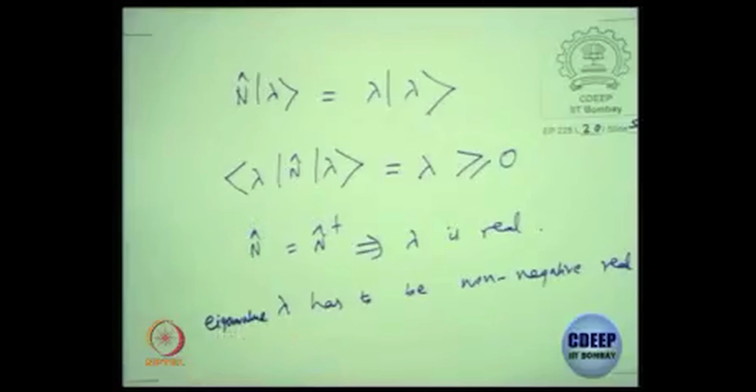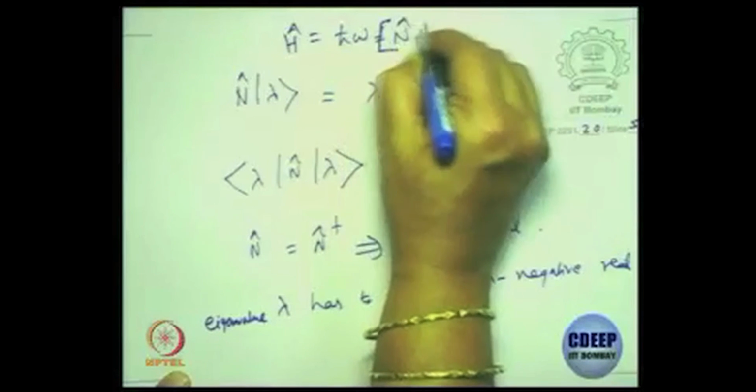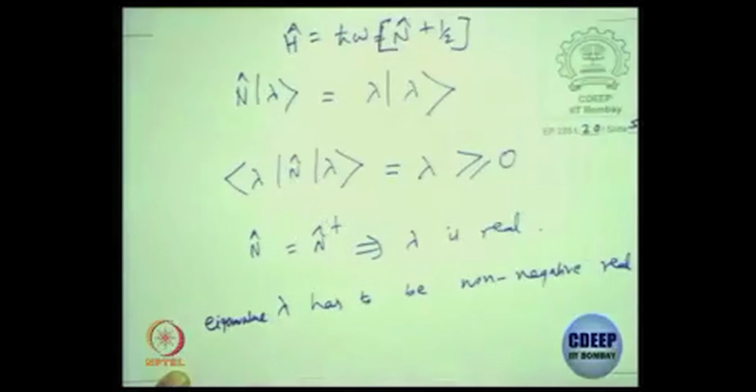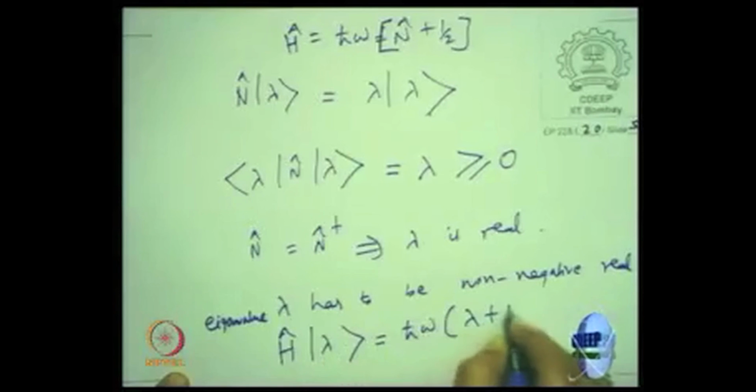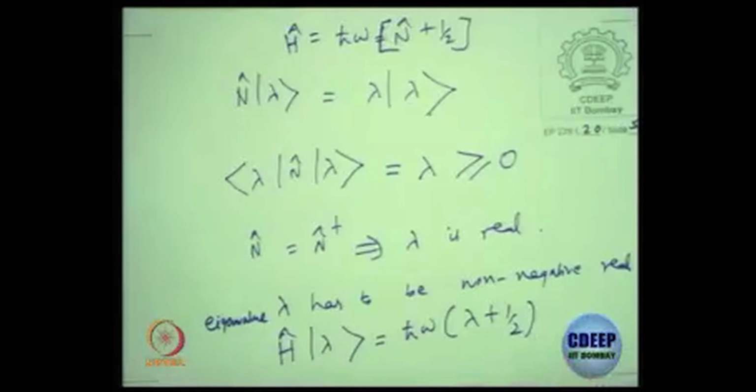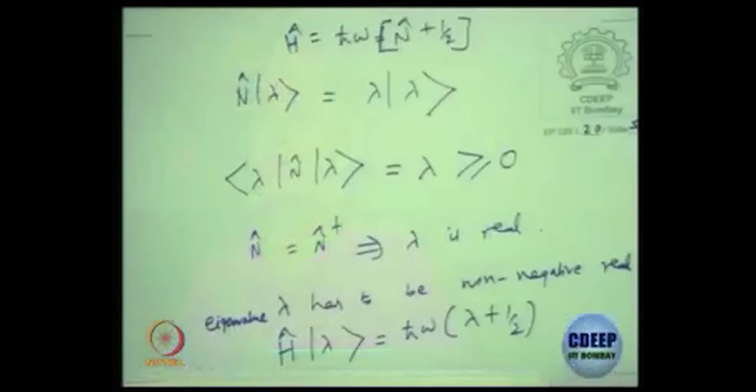Is this clear? Now on top of it, we also say that the Hamiltonian is h cross omega times n hat plus half, right? So therefore, the Hamiltonian on lambda will give you h cross omega times lambda plus half. This also tells you why it is a number operator, because you know the eigenvalues of the harmonic oscillator involved non-negative integers, which is consistent with all these.